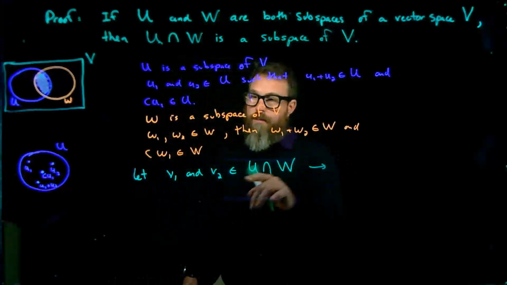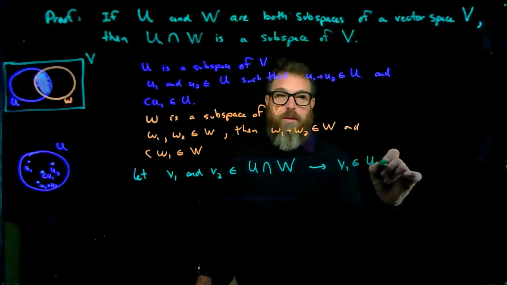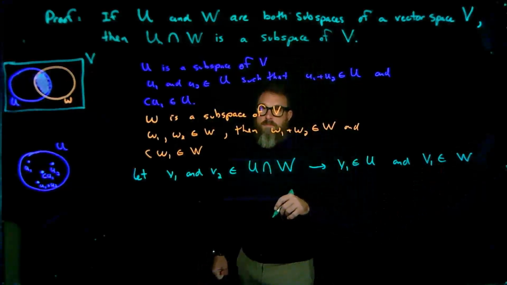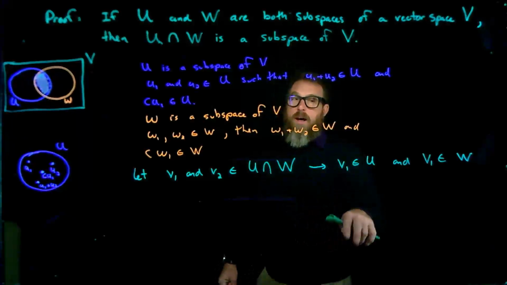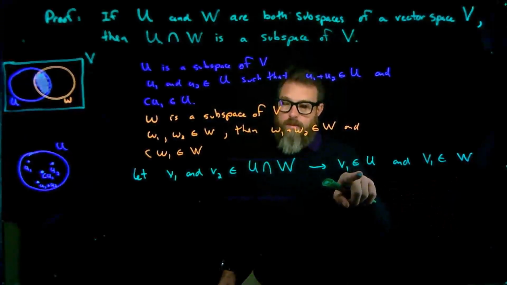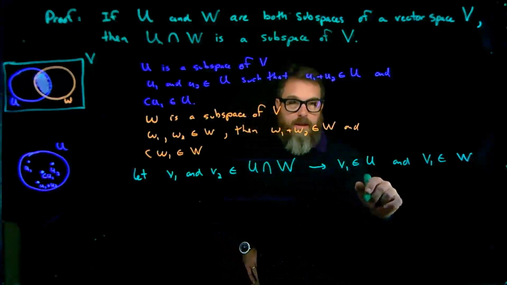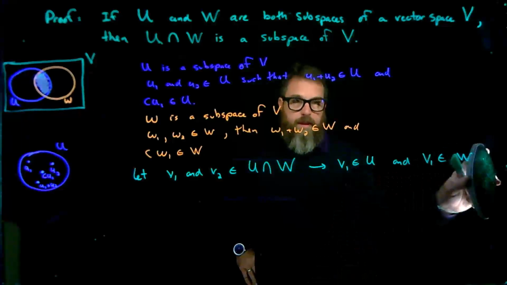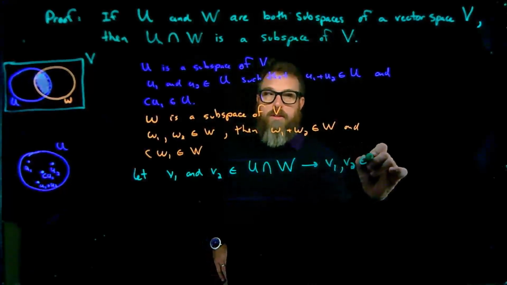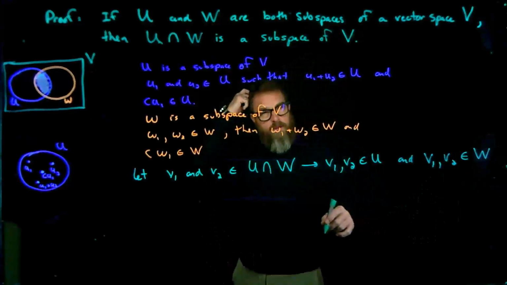It means that if V1 is in the intersection of U and W, then V1 is an element of U and V1 is an element of W. So V1 and V2 are elements of U, and V1 and V2 are elements of W, because I'm in their intersection.